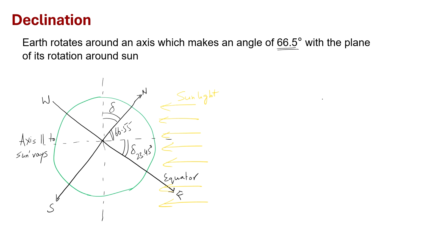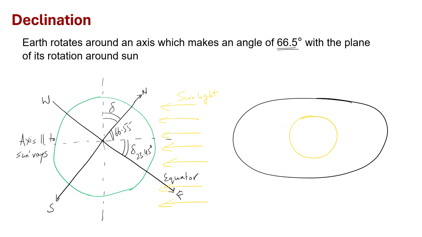Let us say this is where we have the sun in the middle, and the Earth is rotating around it. I have drawn it a little smaller, but you can draw it a little bigger also, something like that.